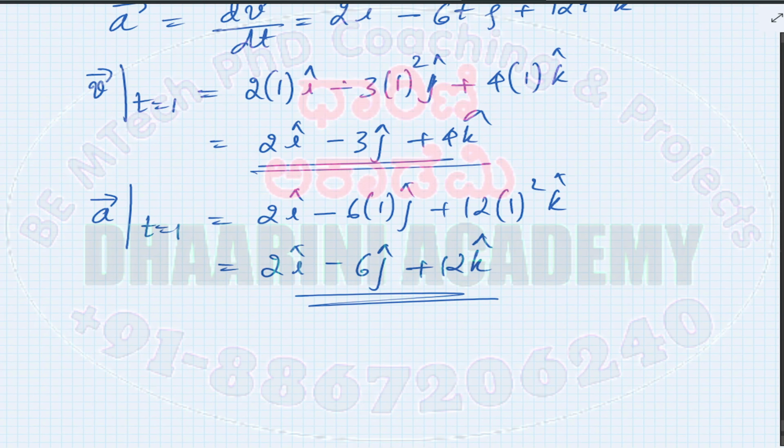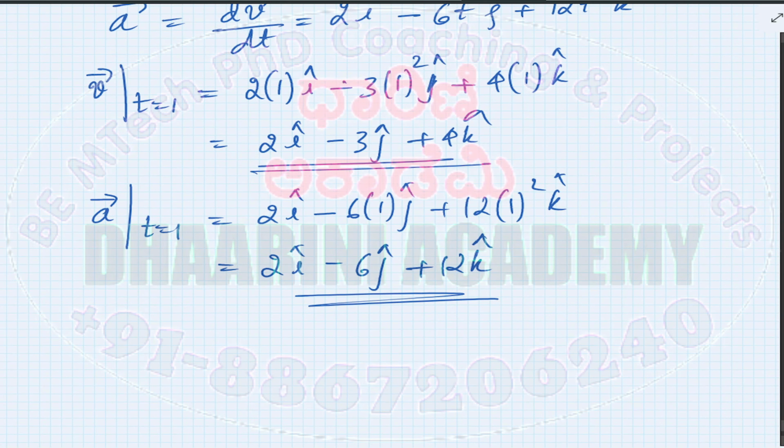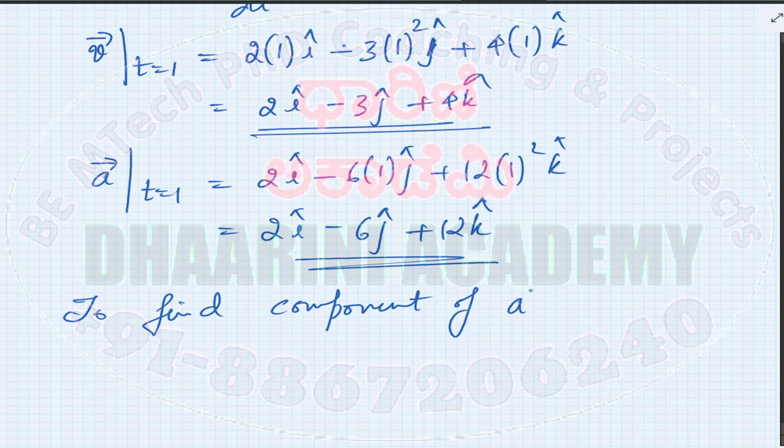Now you see that I need to find the unit vector so that I can find the component of A along V. That's what is asked. The component of vector A along vector V is my tangential component, right?